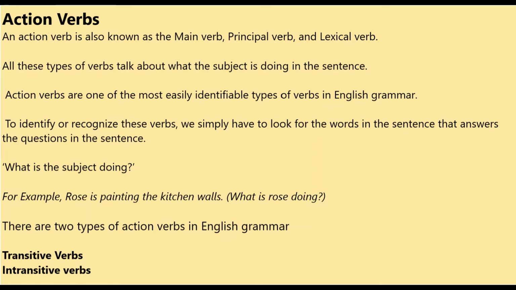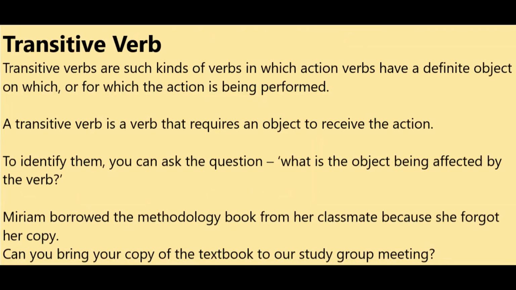There are two kinds of action verbs in English grammar. One is transitive verb and the other is intransitive. So what is transitive verb? Transitive verbs are such kind of verbs in which action verbs have a definite object on which or for which the action is performed.